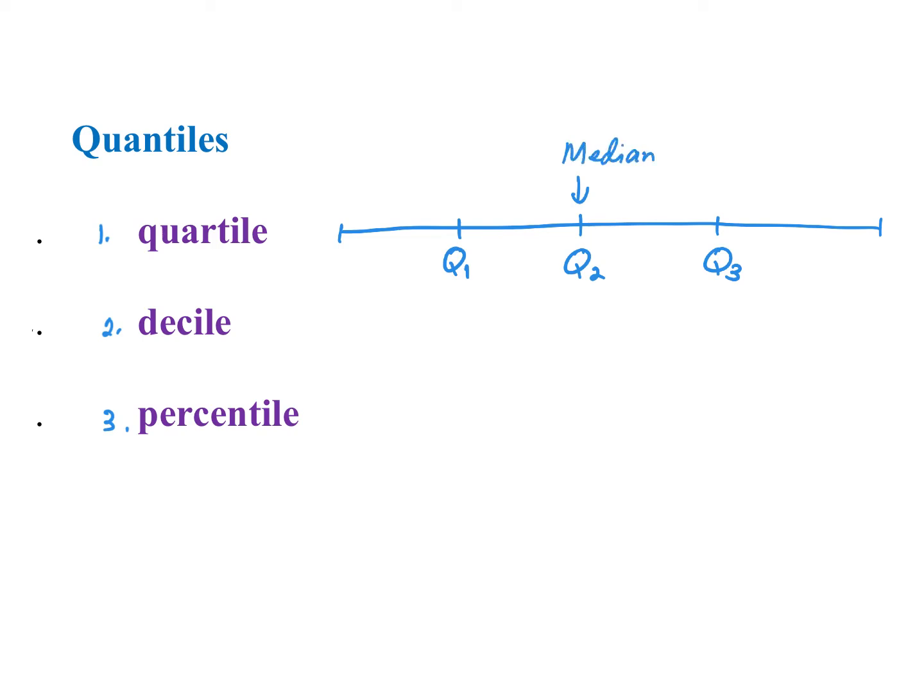And similarly, if we divide the values in the data set into 10 equal parts, each division is called a decile.